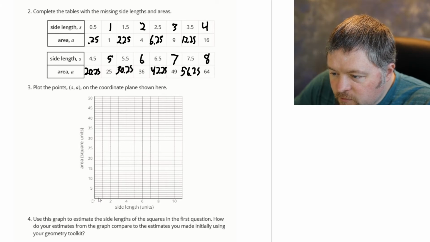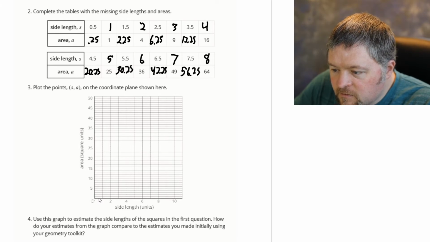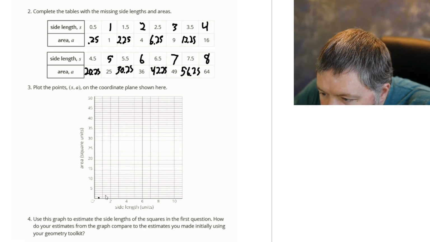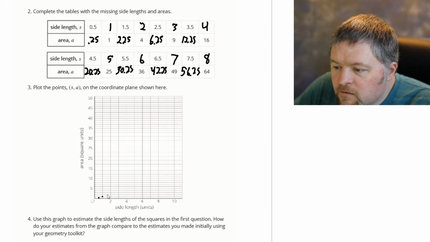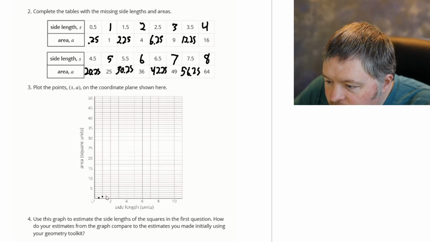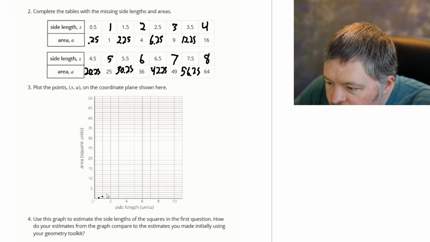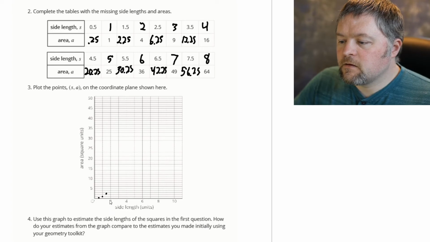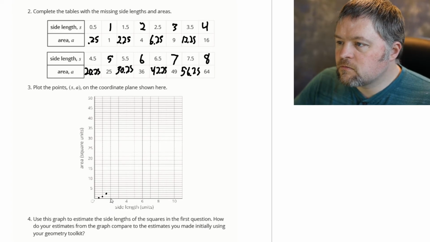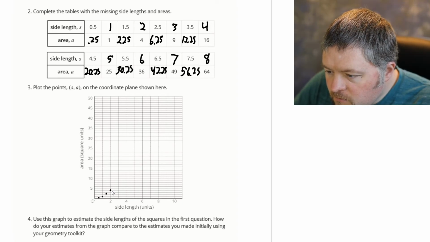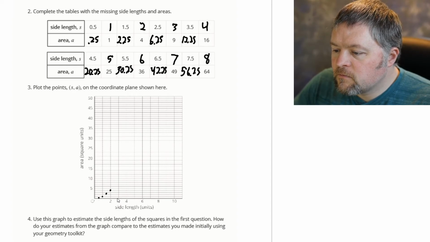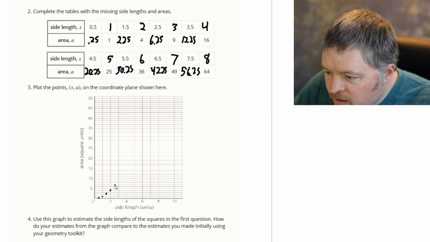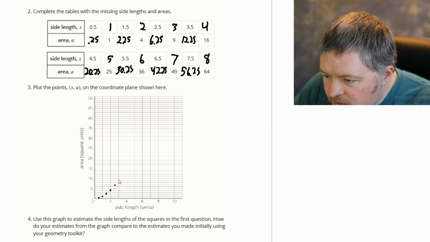If this is 2, this is 1. 0.5 is going to be here. 1, 1. 1.5, 2.25. 2 goes with 4. 2.5 goes with 6.25. 3 goes with 9.